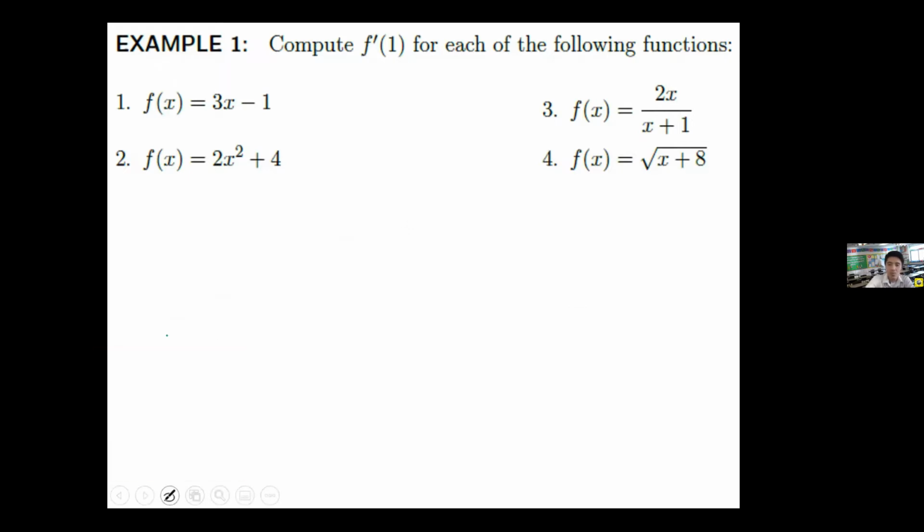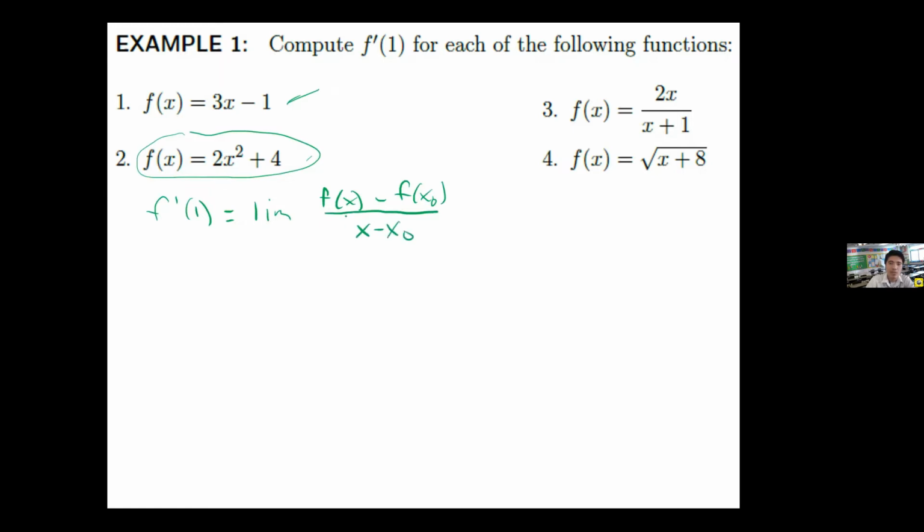We will solve them one at a time. Let's start with number 2. The process is similar anyway. Say, for example, f of x is given. Again, the formula to solve for f prime of 1 is solving for the limit of f of x minus f of x sub 0 over x minus x sub 0 as x approaches x sub 0.